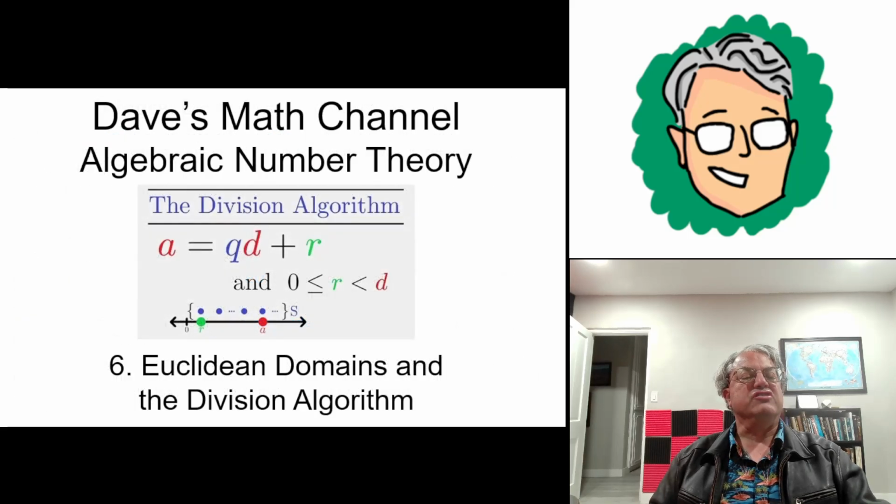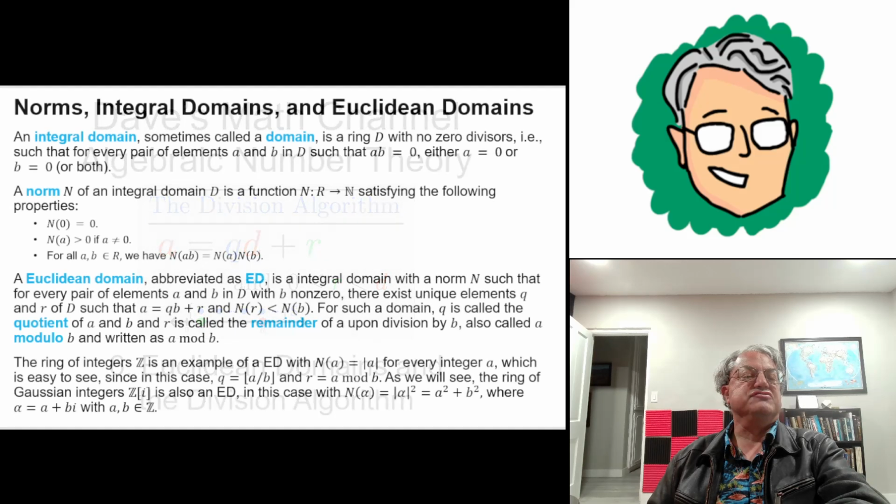I probably should have provided this picture here. They call it D instead of B, but I think you can see what's going on. The remainder belongs to this set, which I guess they call S. It's just all the numbers from 0 to D minus 1, so it is strictly less than D. And we do this all the time when we divide integers.